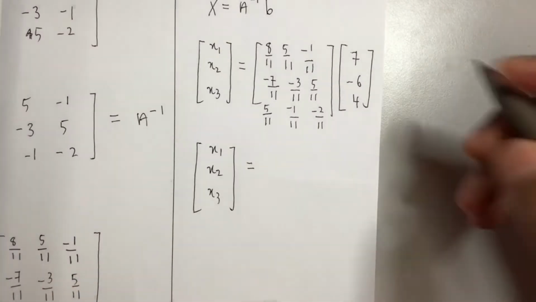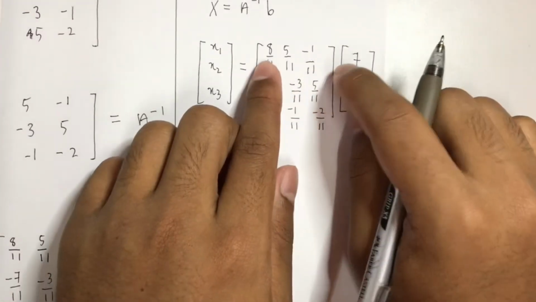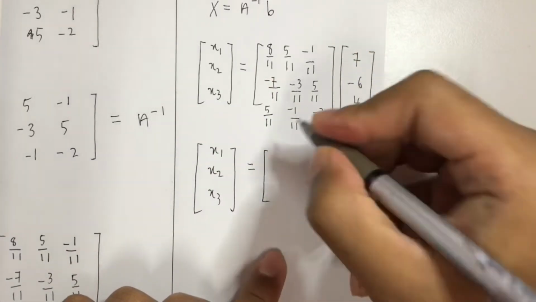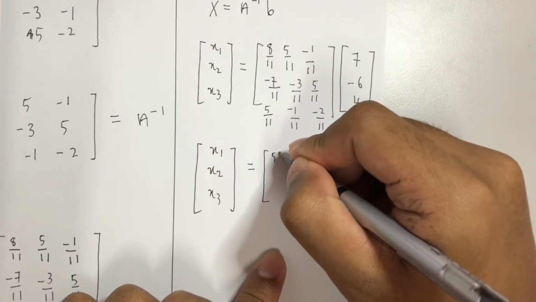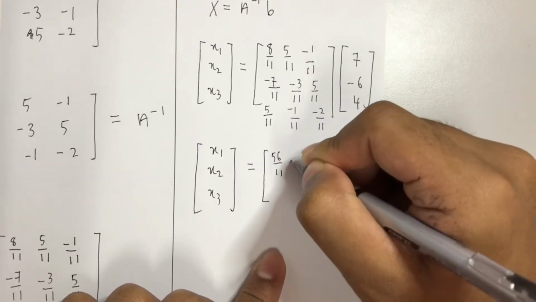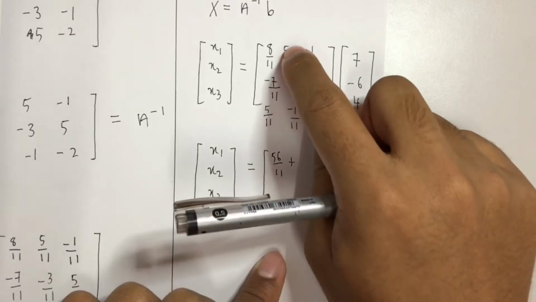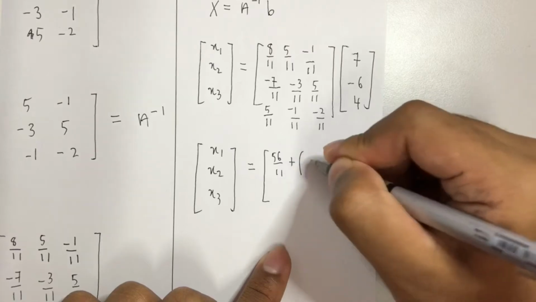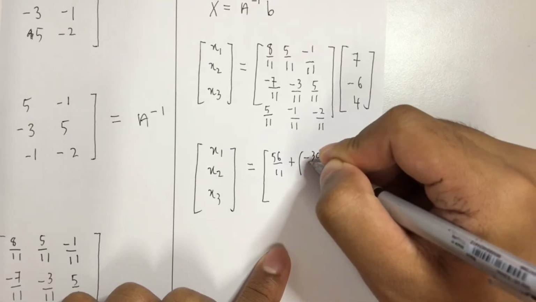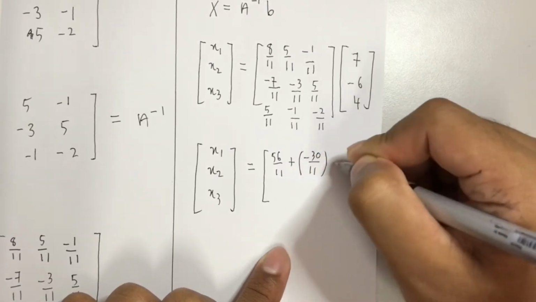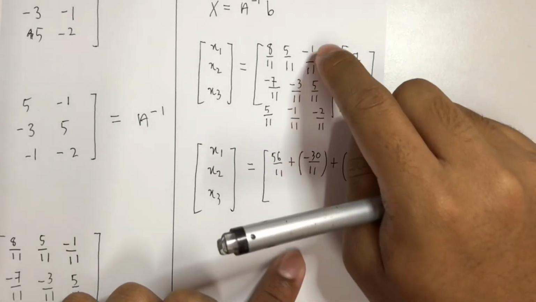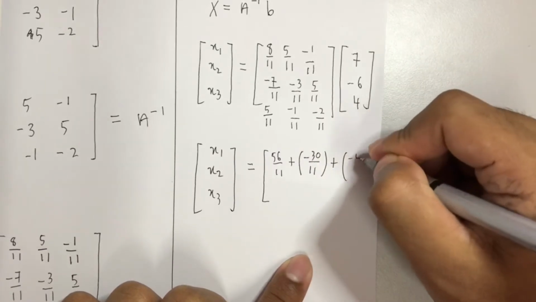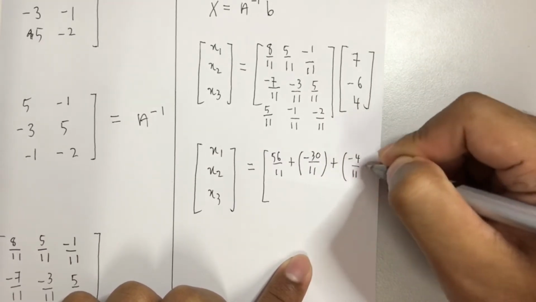So we get the answer 8 over 11 times 7 equals 56 over 11, plus 5 over 11 times negative 6, negative 30 over 11, plus negative 1 over 11 times 4, you get negative 4 over 11.